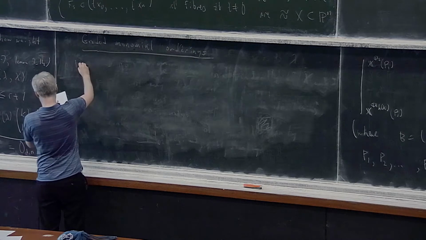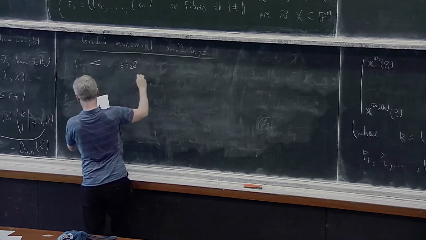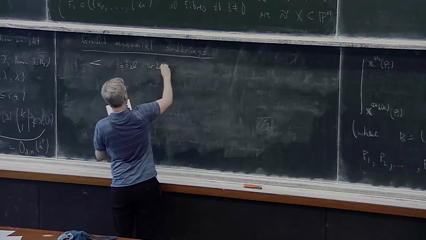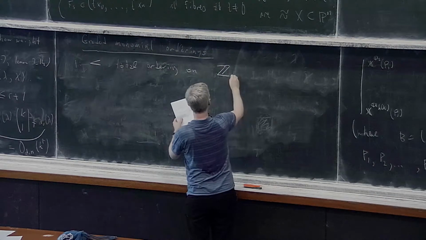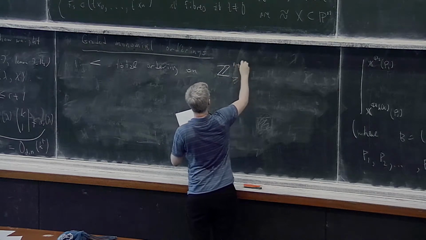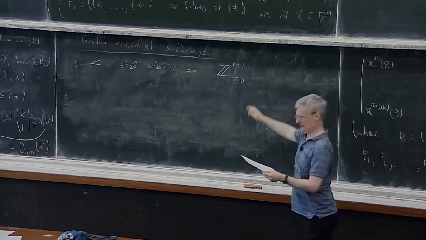First, this should be a total ordering on Z_{\geq 0}^{n+1}. So I have a total ordering among all n plus 1 tuples of non-negative integers.